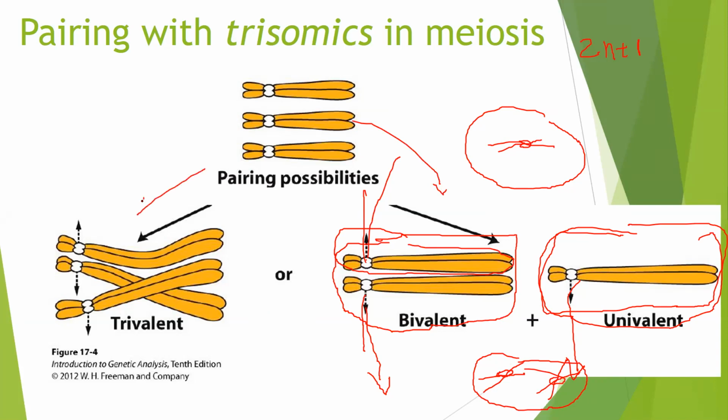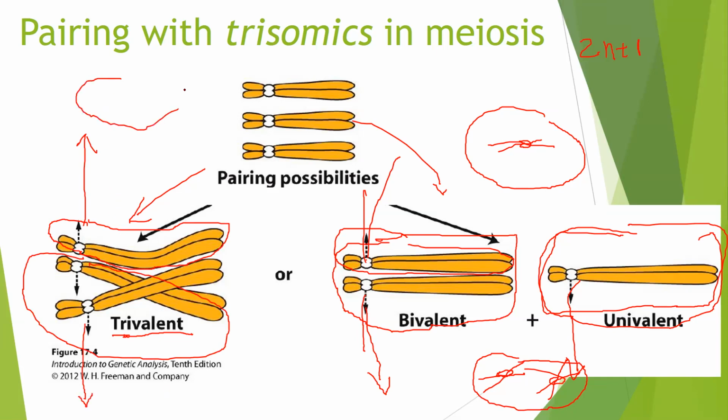Another possible option for these 3 homologous chromosomes to be paired together looks like this. We call this form the trivalent. During the meiosis, this one is going in this direction. The spindle fiber will pull this one towards this side, and these two towards the other direction.